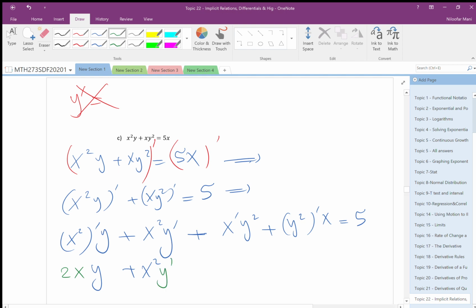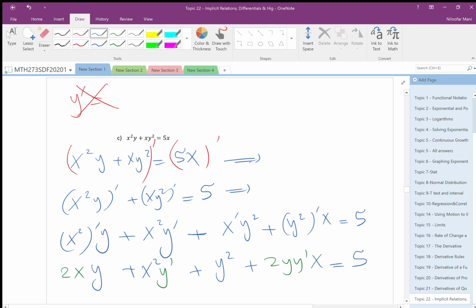So derivative of y is y prime, because it's like x, which is 1, multiple y prime. That's why. Plus derivative of x, which is 1, times y squared, plus 2y y prime times x equal 5.